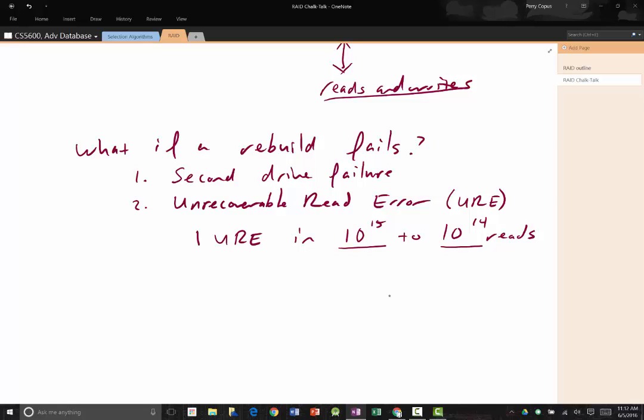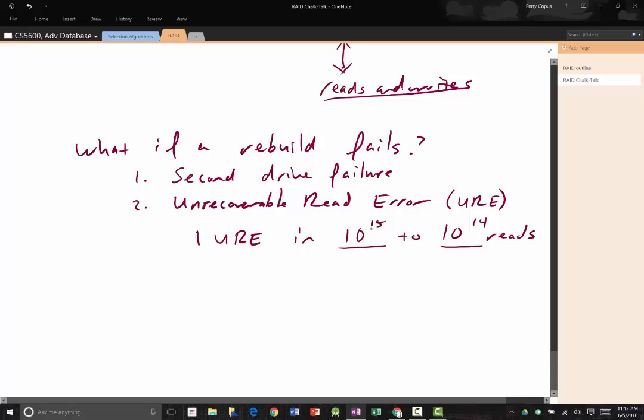Okay, so you really don't know what data was stored there unless you have it in some redundant form. So what that means is the integrity of your file has been violated in such a case. And it turns out, if you do the math, you look at 10 to the 14 to 10 to the 15 bits, you're talking about on the order of a few terabytes of data, okay? A few terabytes of data. Every few terabytes, you're going to have a URE.